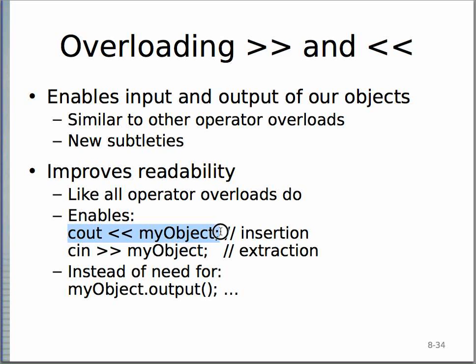Once you get used to it, you know that this just prints out an object, putting it into the stream. Later on, when we do file I/O, we will see that we can insert an object into an output file stream, or use an input file stream to read something into an object. In that sense, it's the same idea as serialization in Java. This is about as close as we get to serialization in C++.